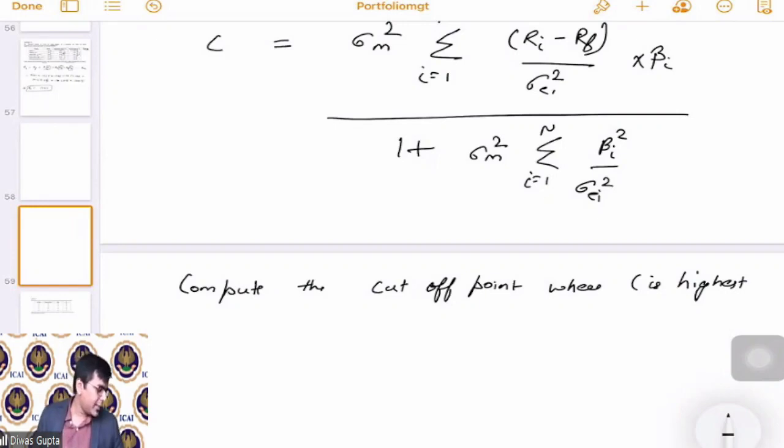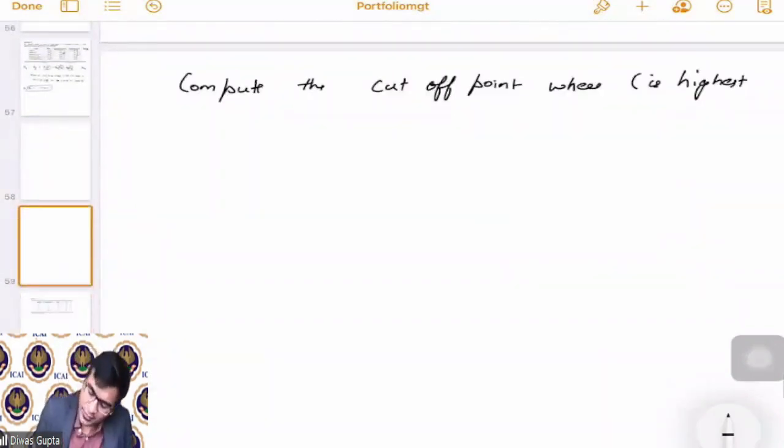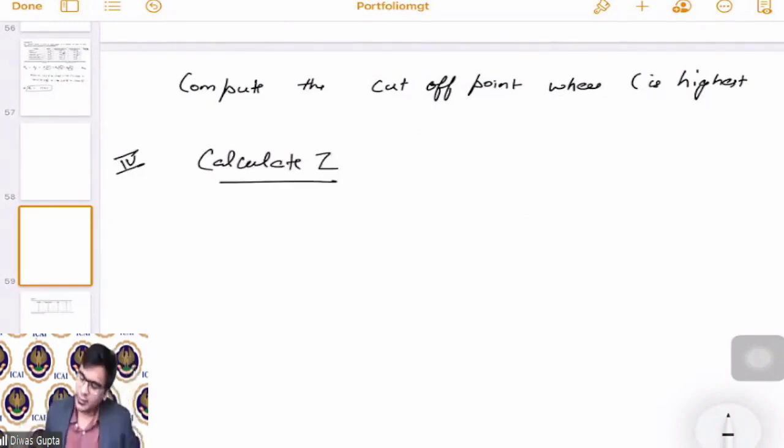And after doing that, compute the cutoff point where C is the highest. After doing that, we have to calculate another step, which is calculate Z. So these are some standard terms and notations, hence we are using that. So Zi, wherever we are using i, that means that is for a particular security.